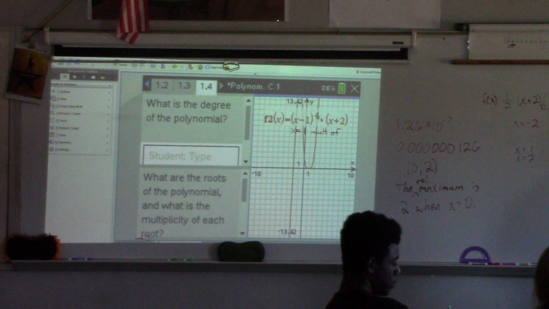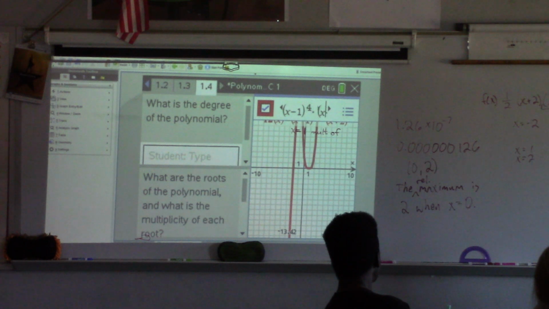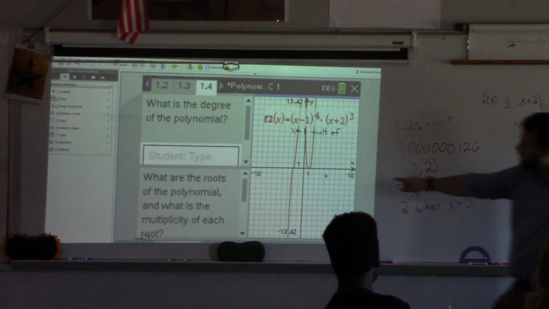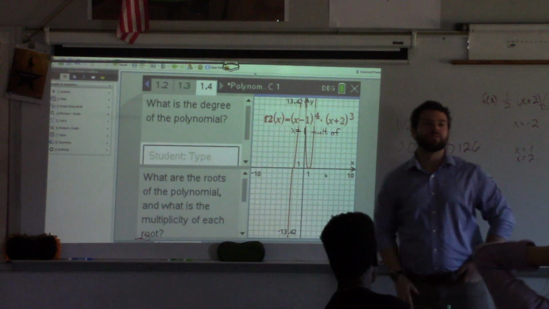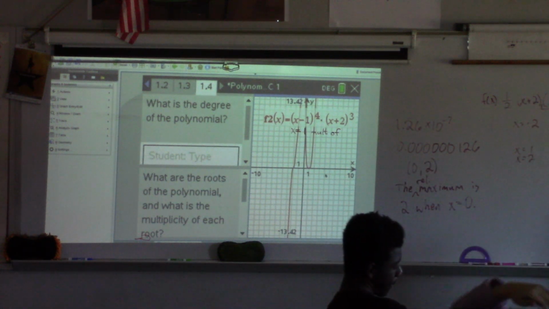So I could have done, and this will look interesting, notice that x plus 2 is linear, but if I make that x plus 2 cubed, you see how it kind of squiggles through there? It's very brief, but it squiggles through, just like that cubic function we started to talk about. And so we'll look at that again today. That's a good question, though.